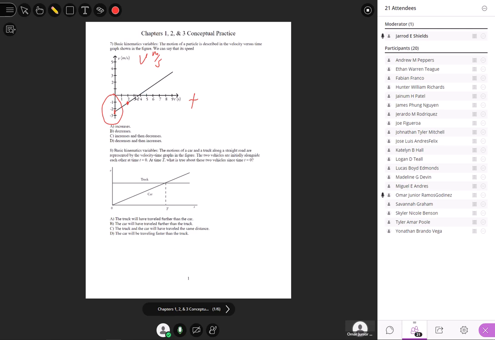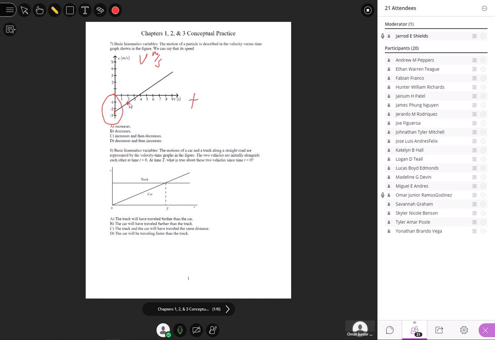Yes. Okay. But you've got to understand that the negative sign represents direction. It doesn't have anything to do with the magnitude, the actual value, the actual quantity. It's just a direction. That's all the negative sign tells us.